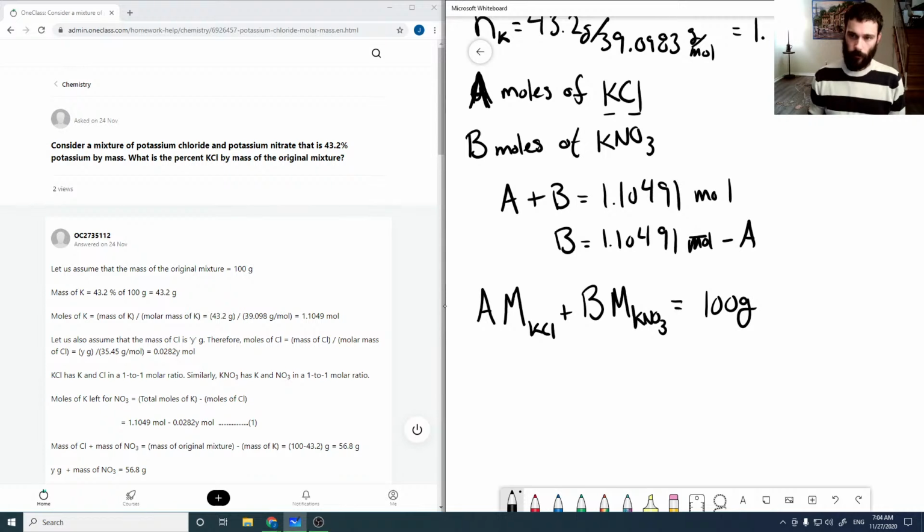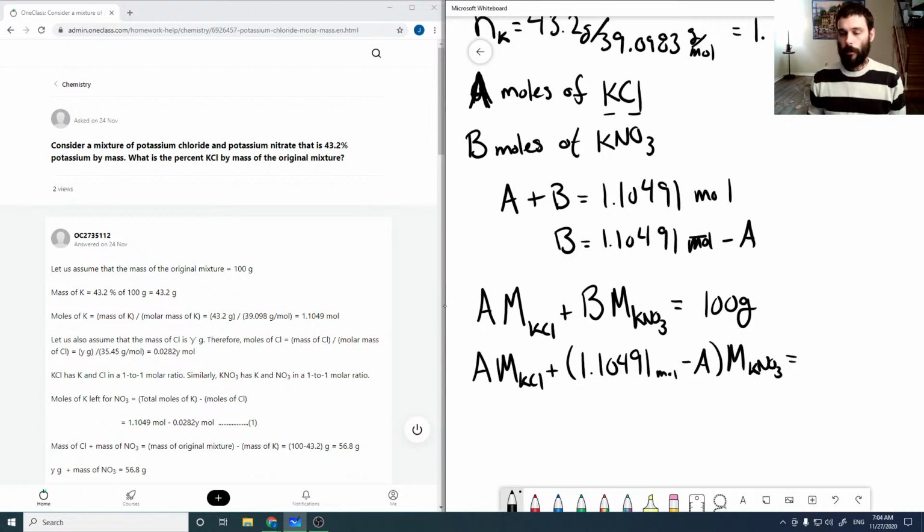But again, we're going to convert that anyway. Or from this expression above, A times our molar mass for KCl plus 1.10491 moles minus A times the molar mass of KNO3 is equal to 100 grams.